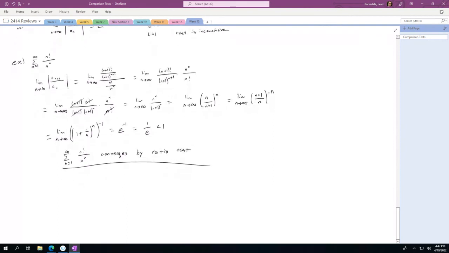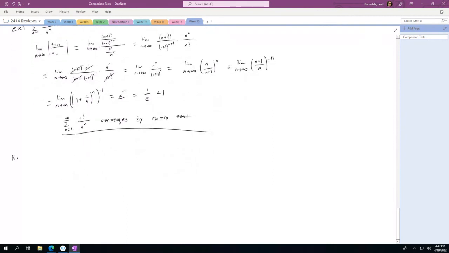Next up, we have the root test, which is really similar to the ratio test. So what the root test says is if we have the sum of some sequence a sub n, then we take the limit as n approaches infinity of the nth root of the absolute value of that sequence, and we'll get some number L out.